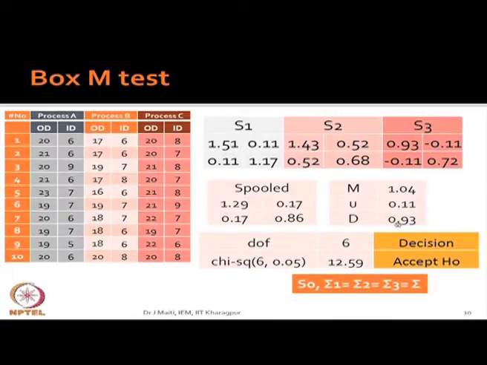Now, the D value is 0.93, which is much less than 12.59. So, we fail to reject the null hypothesis, we are accepting the null hypothesis, that means the population covariances are equal. So, we have seen the equality of population covariances is satisfied.